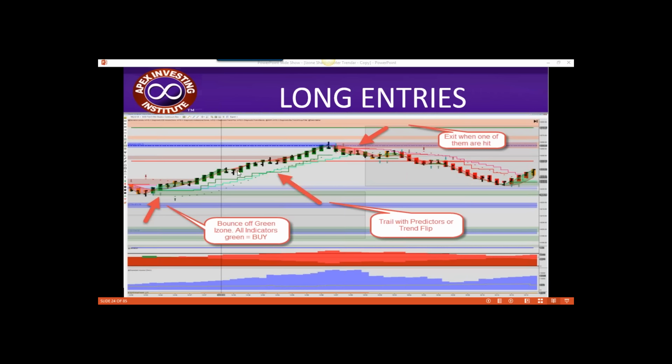Meaning I went long, I bought, the market's going up, and then when the market comes down and hits one of these predictors, goes 3 ticks under the predictor, I'm out. That's our trailing stop. That's when I'm out, okay?